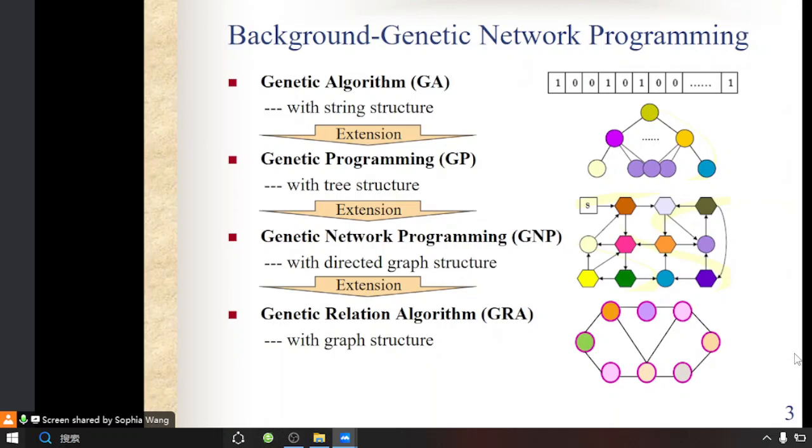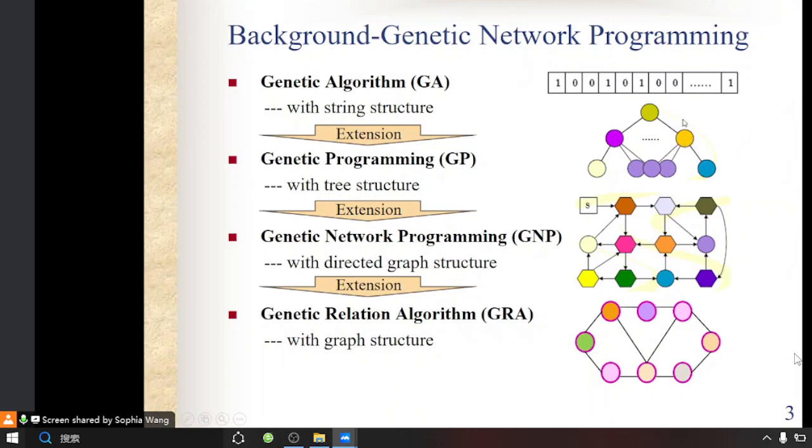Let's look at this figure. GA means 1010, very original from the computer language. And GP is like a tree figure.